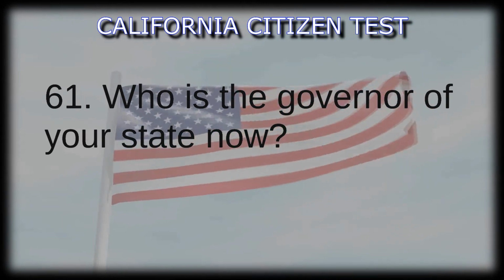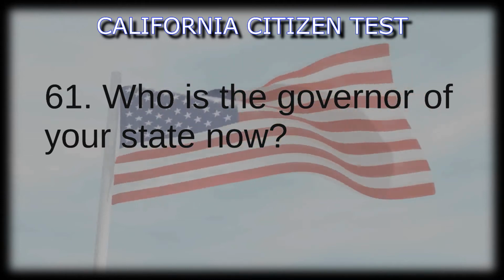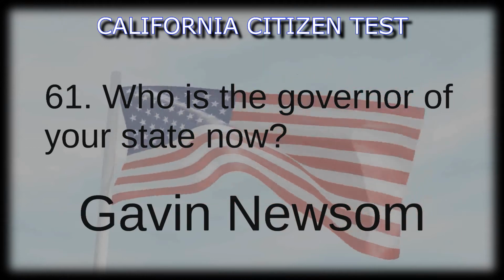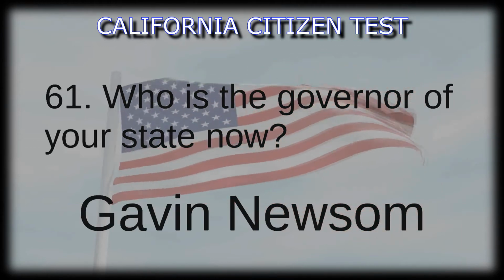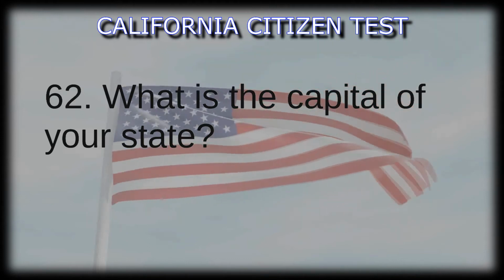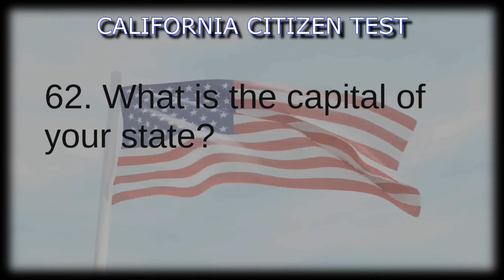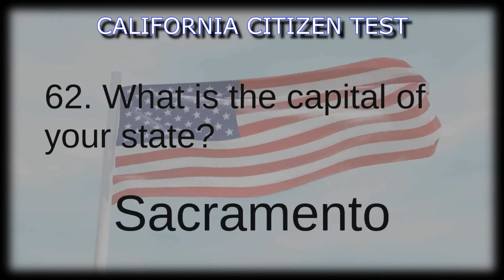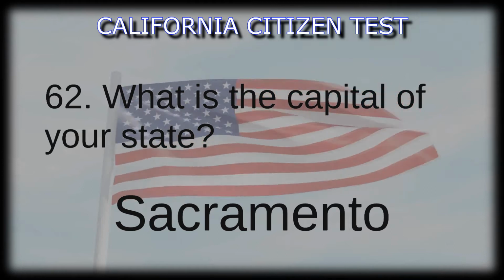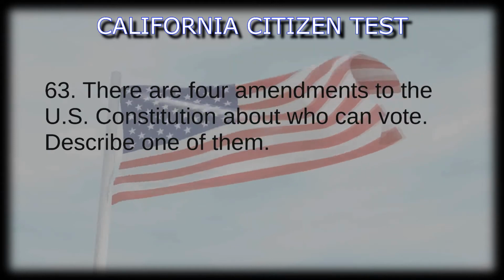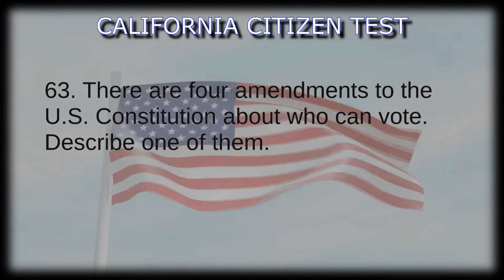61. Who is the governor of your state now? Gavin Newsom. 62. What is the capital of your state? Sacramento. 63. There are 4 amendments to the U.S. Constitution about who can vote.